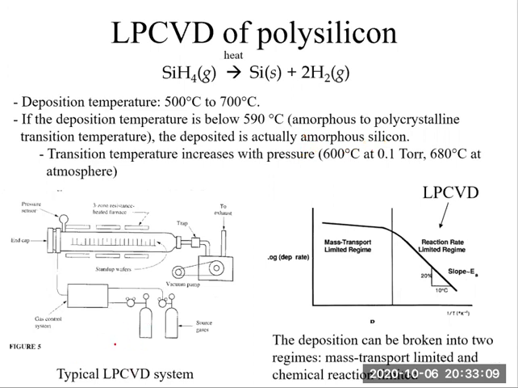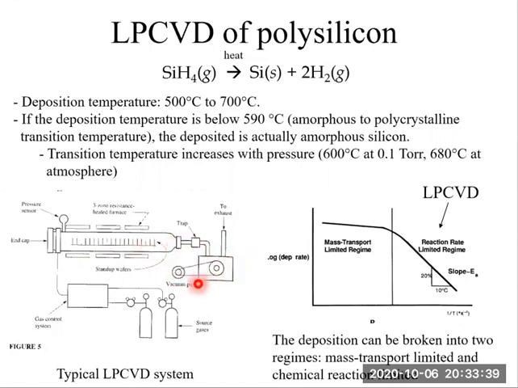This figure shows a typical LPCVD system. The LPCVD process, or the chemical reaction, is carried out inside, again, a quartz tube, a furnace. But this furnace now is maintained in vacuum.